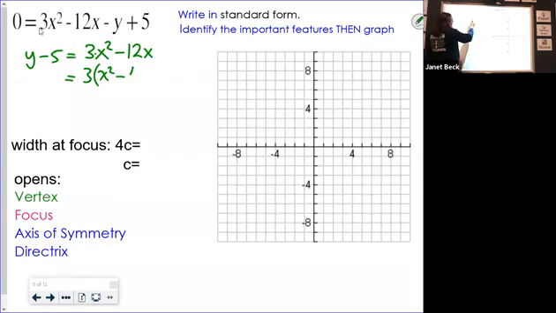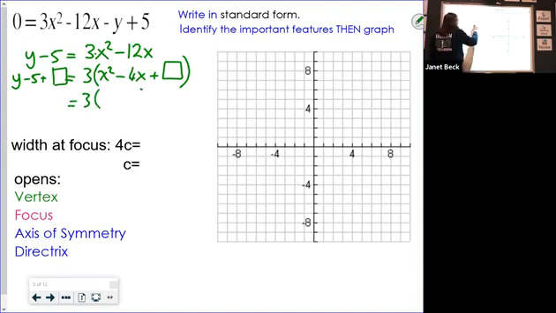This would make this become minus 4x. Now I'm going to be ready to complete the square. So I'm going to be adding in something on this side. And on this side, I've got the y minus 5. And I'm also going to have to add in whatever I add on the other side to this side as well.